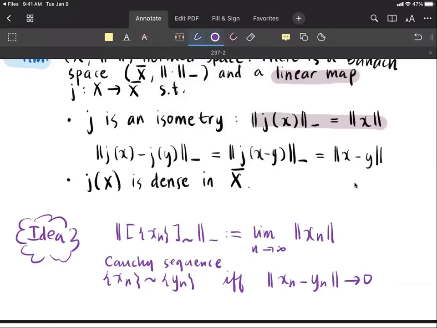So this is the corresponding equivalence relation, and x bar would be your factor space. What is the map J? J would be the same as in the case of the metric spaces. I will not go into the details, but again, you could follow the discussion in the case of metric spaces.